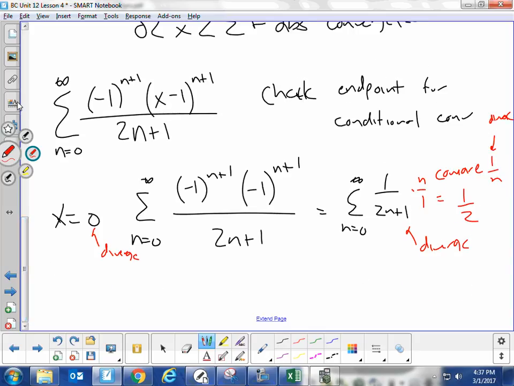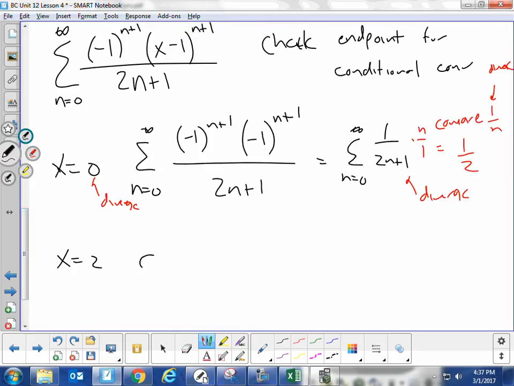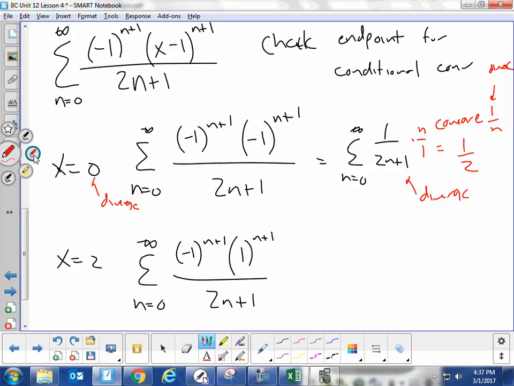Let's check x equals 2. If I plug in 2 for x, it becomes 1 to the n plus 1. That's just going to be 1 to the 2n plus 1. So this is just 1. This goes away. I end up with negative 1 to the n plus 1 over 2n plus 1.